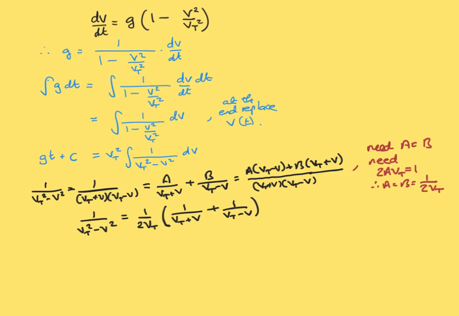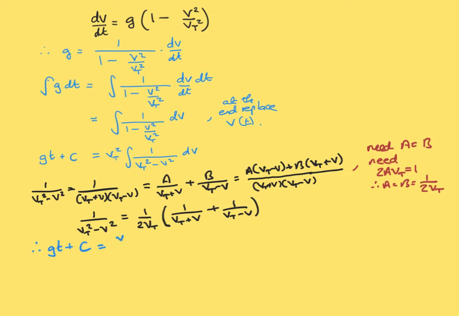So what we obtain is that gt plus c, that's what we have here, is equal to vt squared, and now I'm going to pull this constant that multiplies everything through the integral sign.